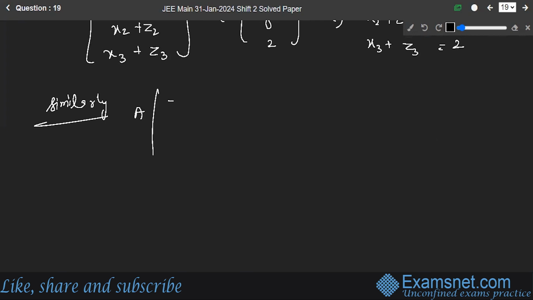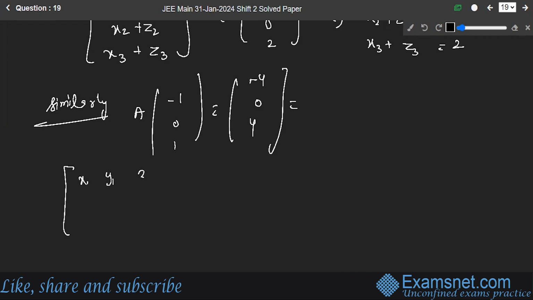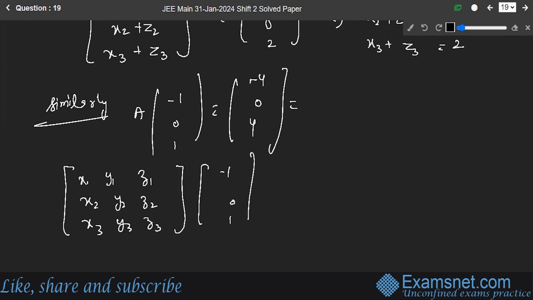Similarly, A into (minus 1, 0, 1) is equal to (minus 4, 0, 4). So A, the matrix x1, y1, z1, x2, y2, z2, x3, y3, z3, multiplied by (minus 1, 0, 1), is (minus 4, 0, 4).